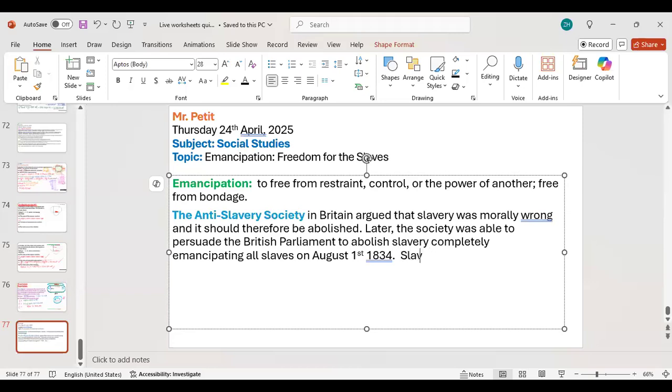So after emancipation, slaves entered a period of what? Freedom?